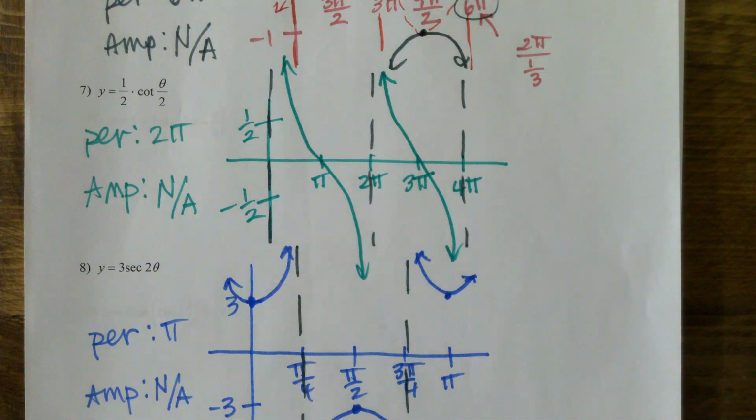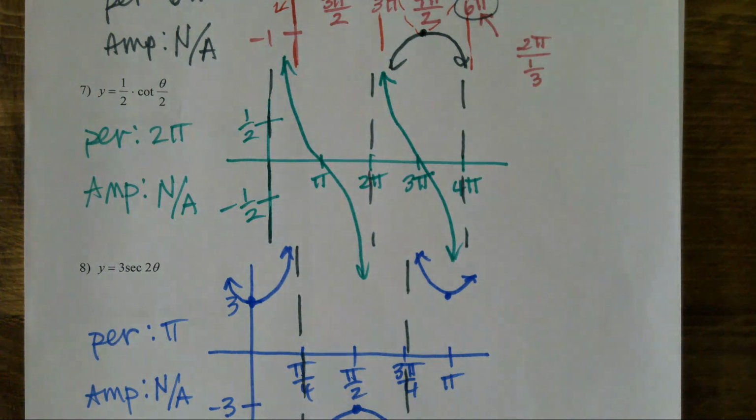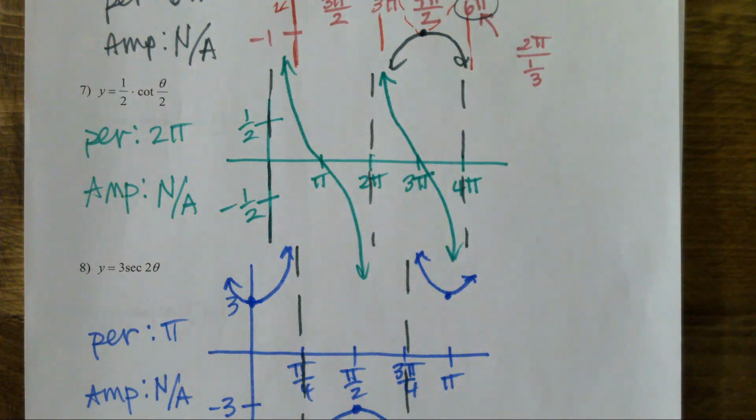All right, so here is my cotangent graph. I did 2 pi divided by 1/2 to get my end number, but I cut that in half when I was defining my period. I put in my brain cosine over sine, so I put in my brain what the sine graph would look like.